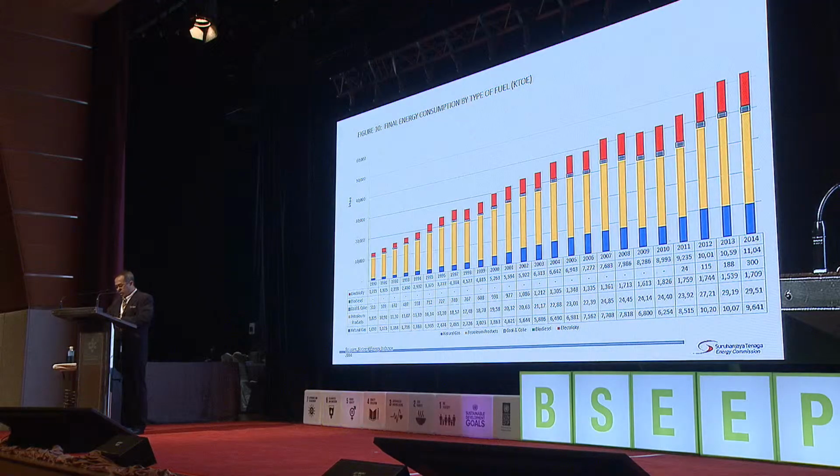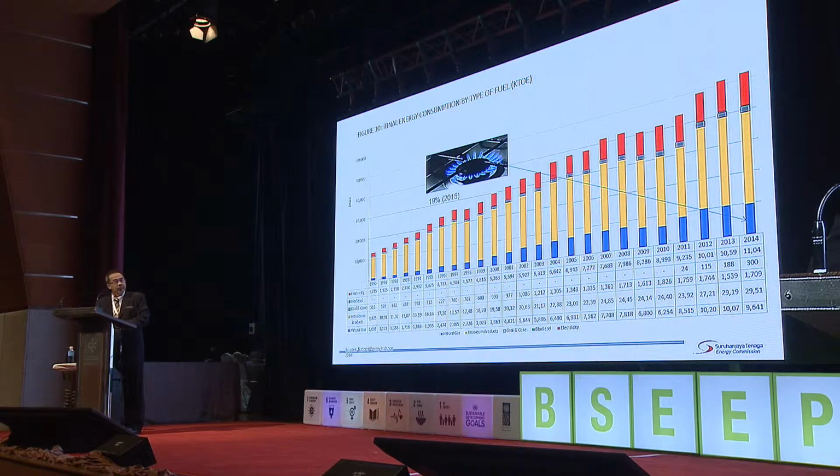Okay, this is specifically the final energy consumption by type of fuel. You have gas, this is for clean cooking, or also industry. That is about 19% of the total energy at the demand side.